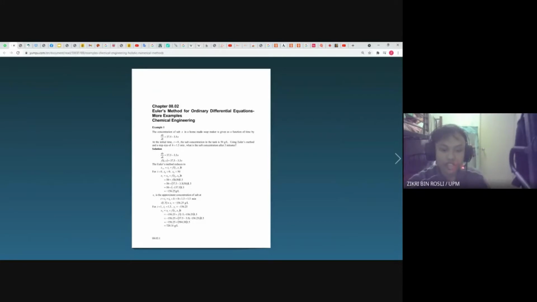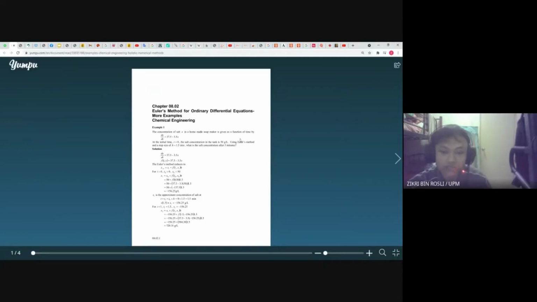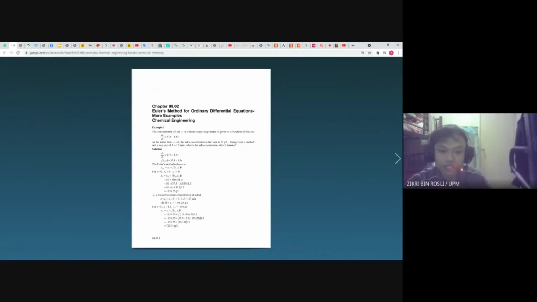At the initial time, t equals 0, the salt concentration in the tank is 50 gram per liter. Using Euler method and a step size of h equal to 1.5 minute, what is the salt concentration after 3 minutes?